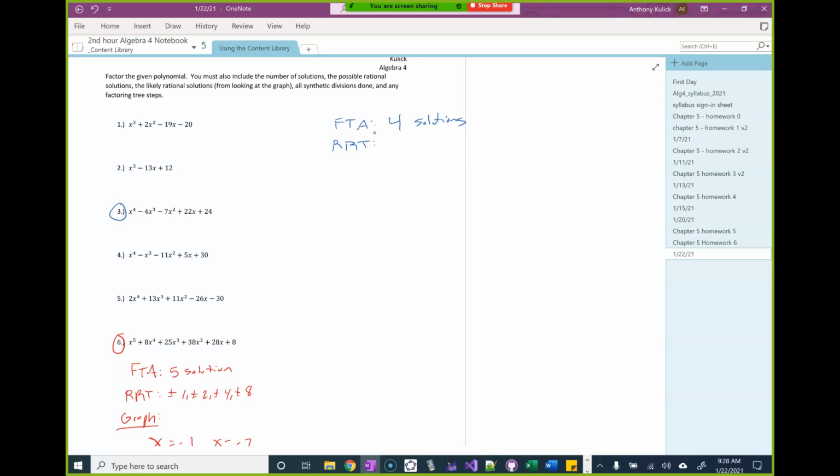Okay. So 4 solutions, right, from the exponent. And then the RRT is going to be the factors of 24 over the factors of 1. The factors of 24 are 1, 2, 3, 4, 6, 8, 12, and 24. And then we'll have to go look at F after that.